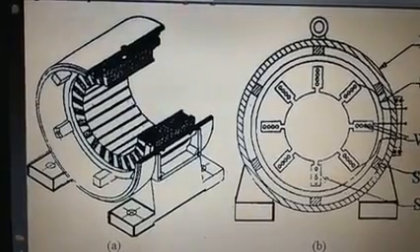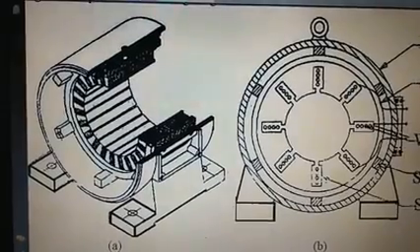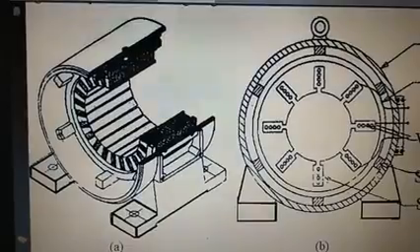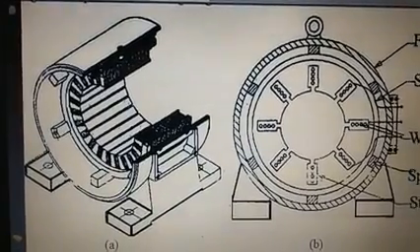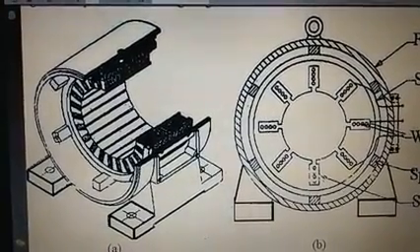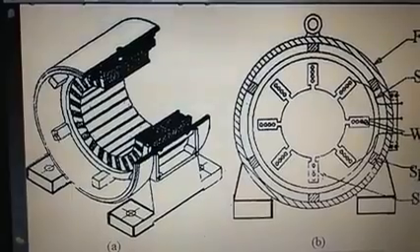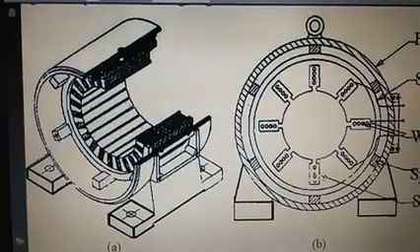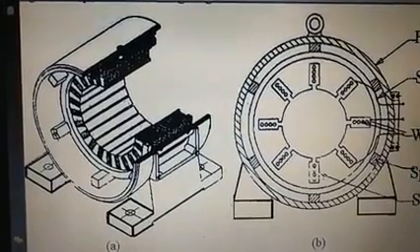When the stator is energized from the three-phase voltage, it will produce a rotating magnetic field in the stator core. That means the function of the three-phase winding of the stator is to produce a rotating magnetic field in the stator core.